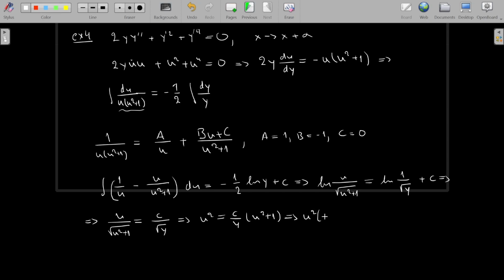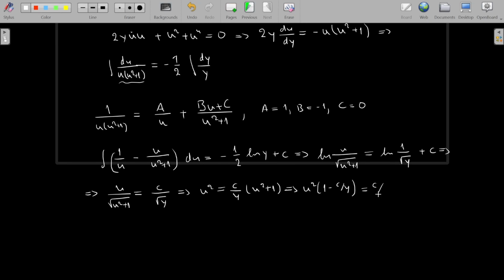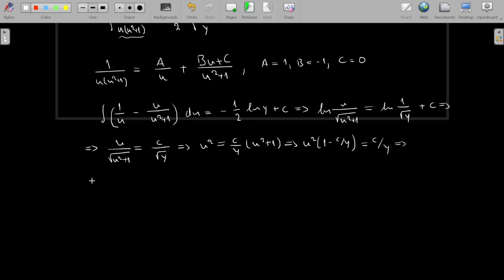u squared over 1 minus c over y is equal to c over y again. And u squared is equal to c over y over 1 minus c over y, or just a constant, and multiply both numerator and denominator by y minus c.